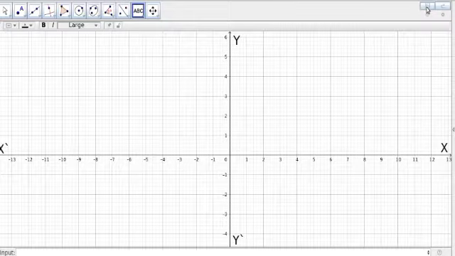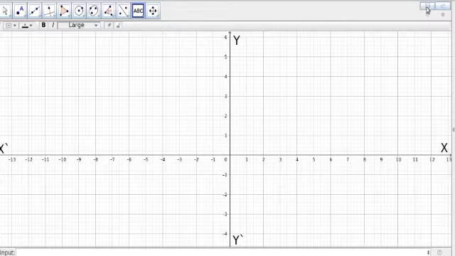Here you can see two mutually perpendicular lines, x dash and y dash. These two axes are called coordinate axes, and in coordinate geometry we use these two mutually perpendicular lines to represent the position of a point.